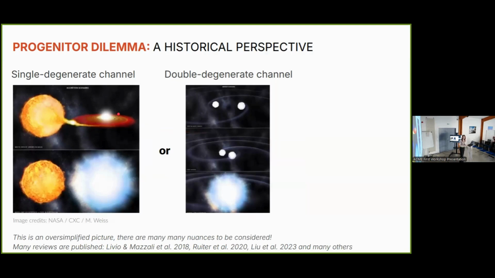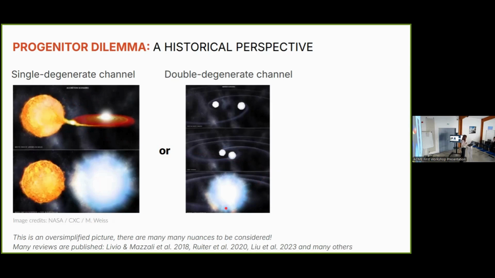On one hand, we have a channel that basically has any sort of living star, so main sequence, giant, subgiant star. And via accretion, you grow your white dwarf to a Chandrasekhar mass that leads to the explosion. And in this other channel, you have two white dwarfs that are brought together by gravitational wave radiation. And an explosion happens in one way or another.